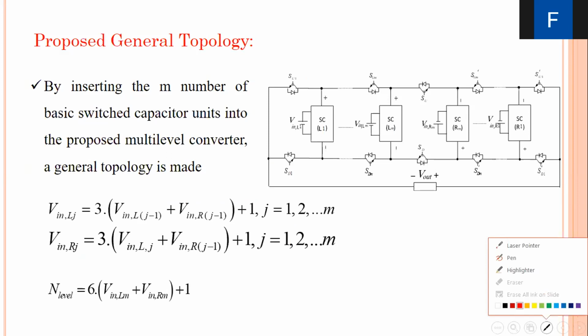And with this structure, we have a high number of voltage levels in our output, and a very smooth output voltage that has low THD, total harmonic distortion, and it's good for us.